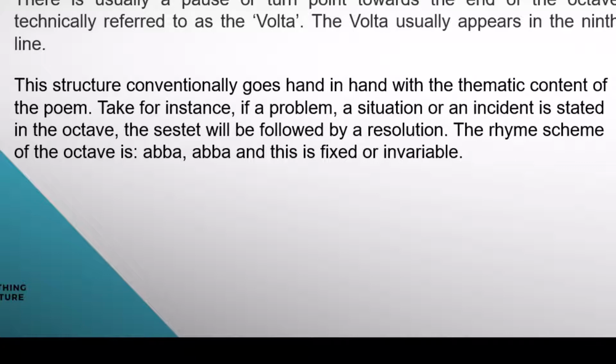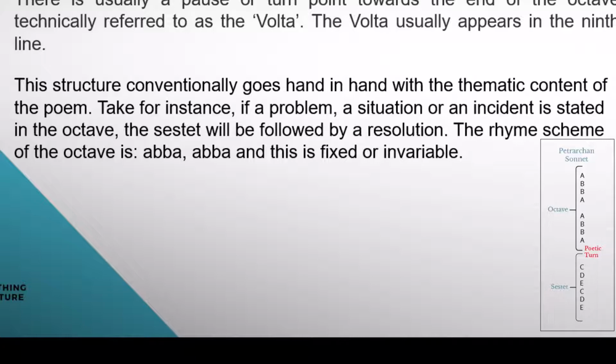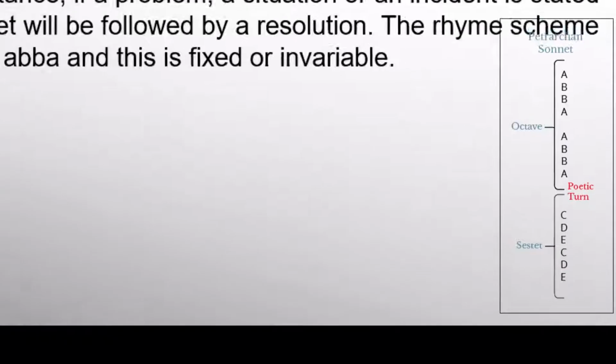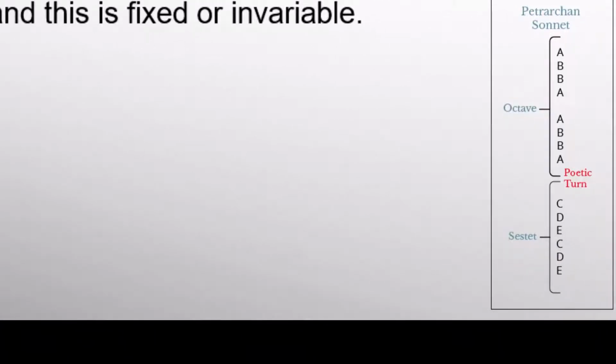And the rhyme scheme for a Petrarchan or Italian sonnet is usually A B B A A B B A for the octave. This is fixed, it has to go that way, and this is very important to note.